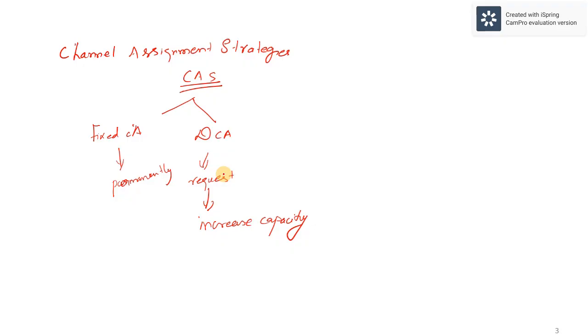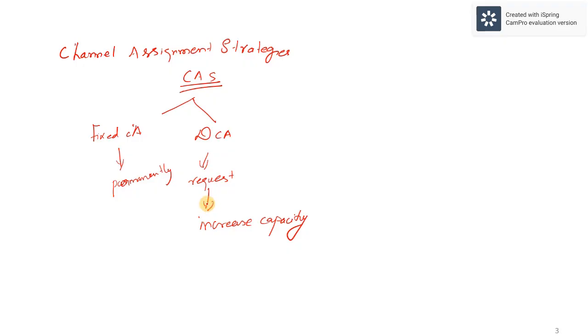Other parameters like cost will be reduced, reducing the likelihood of blocking and increasing the capacity, and it requires the mobile switching center to collect real-time data on channel occupancy and traffic distributions on a continuous basis. This dynamic channel assignment is more complex in real time but reduces the likelihood of blocking.